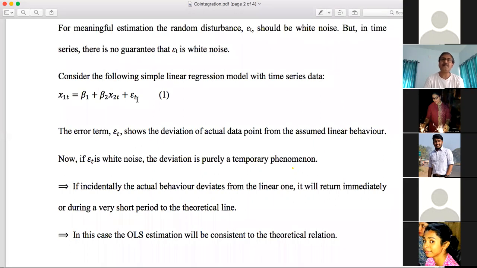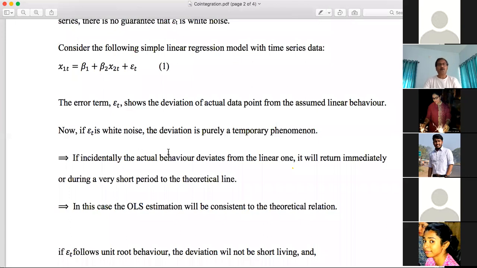If the error term is white noise, the actual situation, the reality, may deviate from the theory temporarily, for a very short period, and can converge towards the theory after a very short period of time.